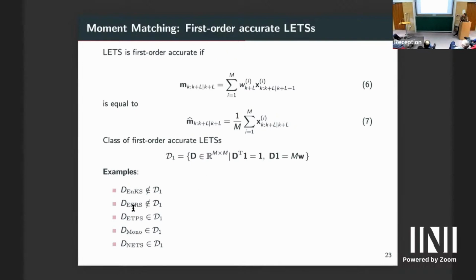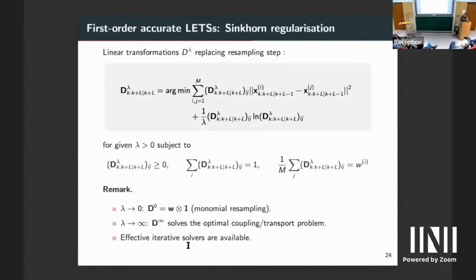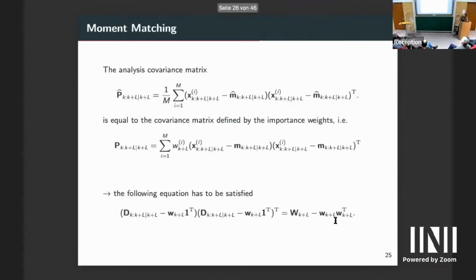The ensemble Kalman filters, as Gaussian approximations, obviously don't estimate the first moment of the particle filter correctly, but all the latter ones that I propose to you actually do, just by design. And all of those regularizations do as well.